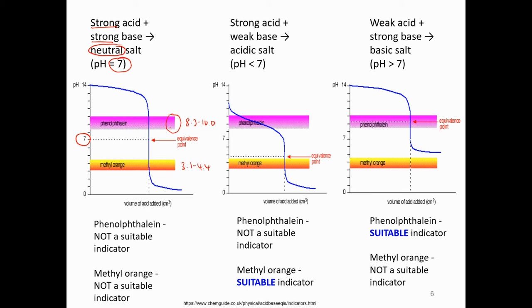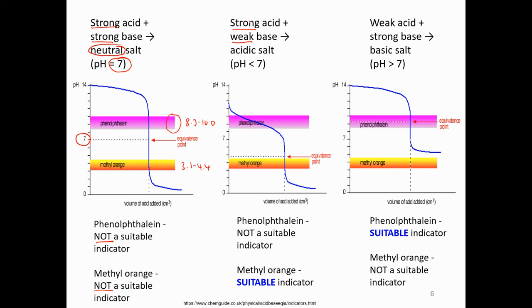If it's phenolphthalein, it will be colorless before, and even after it reaches 7, it is still colorless. So phenolphthalein and methyl orange are not suitable indicators when a strong acid and strong base react, to detect the endpoint.